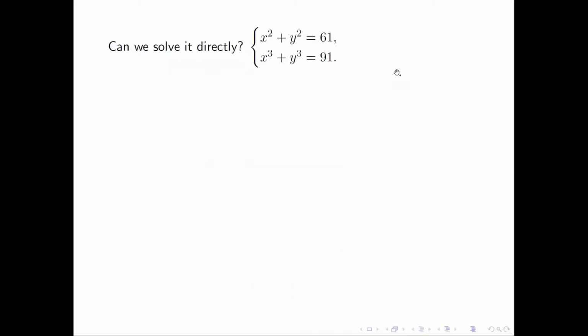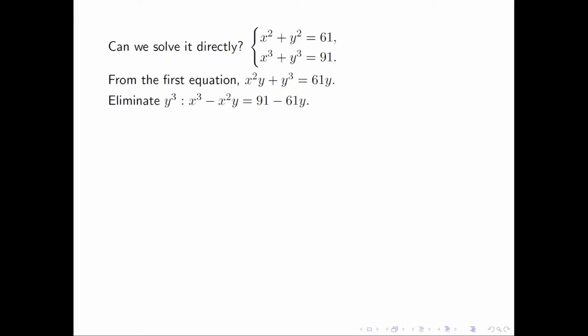You may ask, can we solve the system of equations directly? Well, it is possible in theory. From the first equation, we multiply y on both sides. We get x squared times y plus y cubed equals 61 times y. Now, this equation and the second equation both contain y cubed. We can eliminate the term by a subtraction.